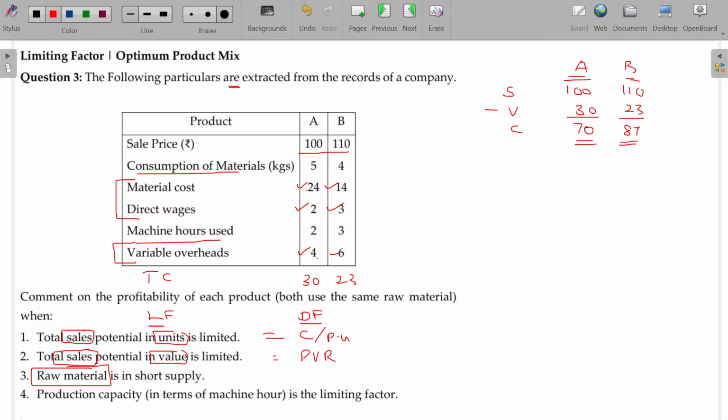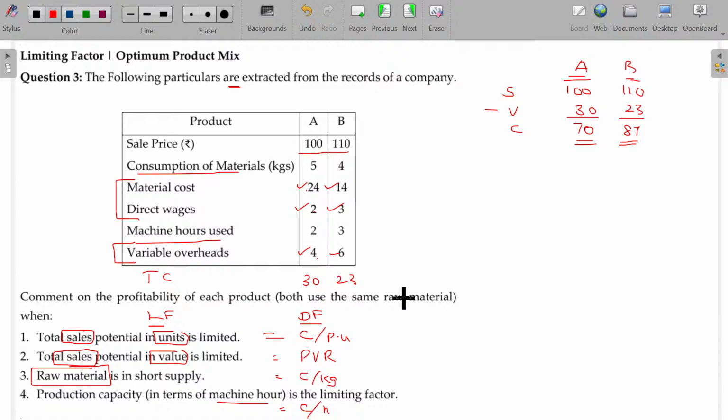If raw material is the limiting factor, contribution per kg of raw material is the deciding factor. In terms of machine hours, contribution per machine hour is the deciding factor.